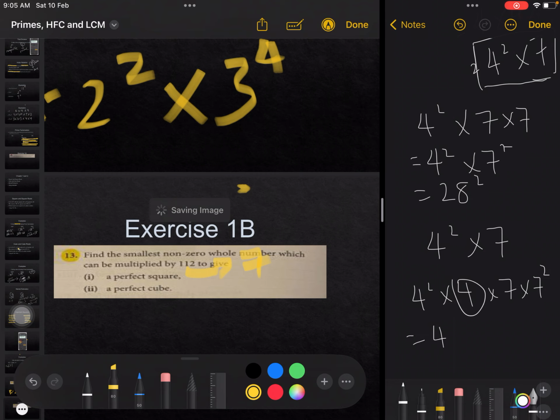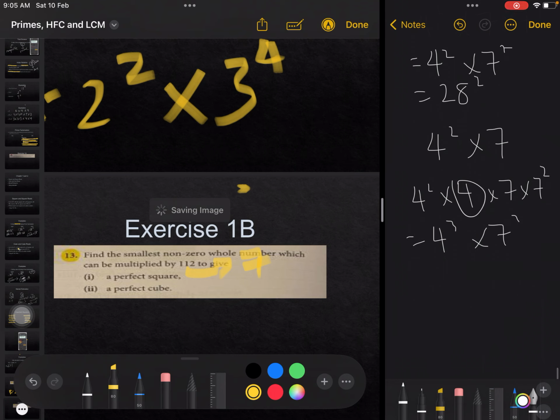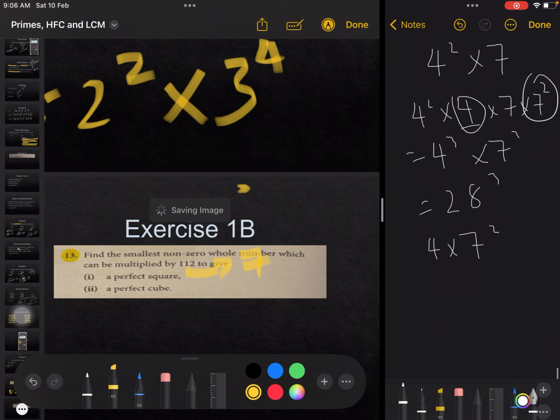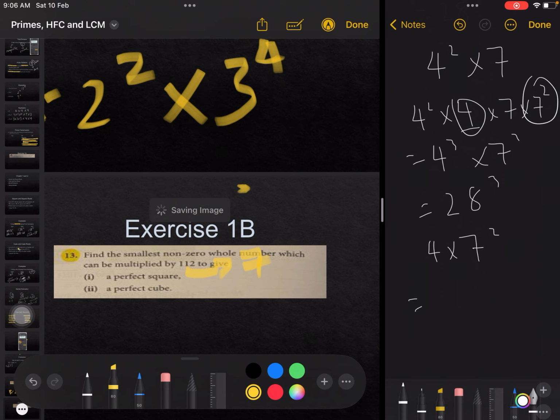So this will give me 4 cube times 7 cube, which gives me 28 cube. So this will be a perfect cube. The number that we are short of is 4 times 7 square. Let me key the calculator: 4 times 7 square, the answer will be 196. So to get a perfect cube is 196.